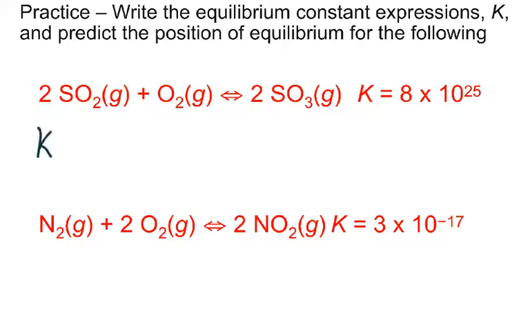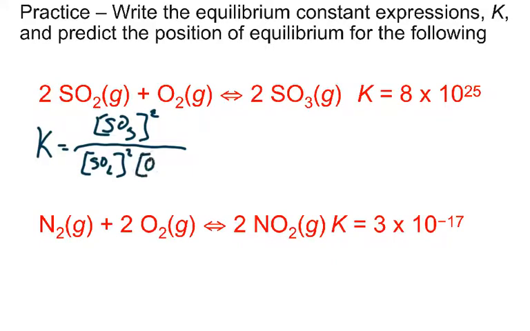So our K is going to be our product concentration, SO3, raised to its coefficient 2, divided by our reactants, so SO2 to the second power times our O2 to the first power. We could also use partial pressures because everything's in the gas phase. A large K value, remember, means that our equilibrium lies to the product side.